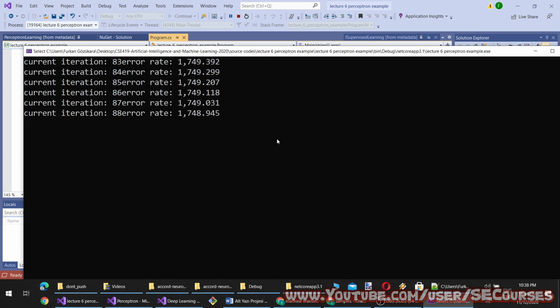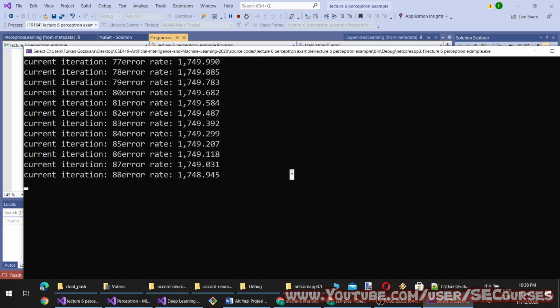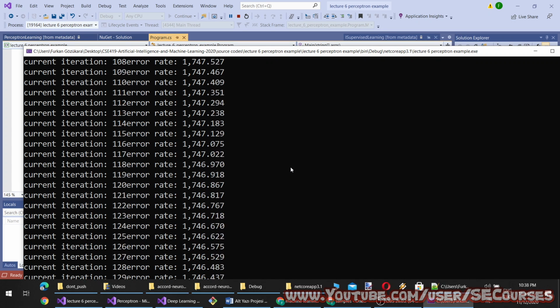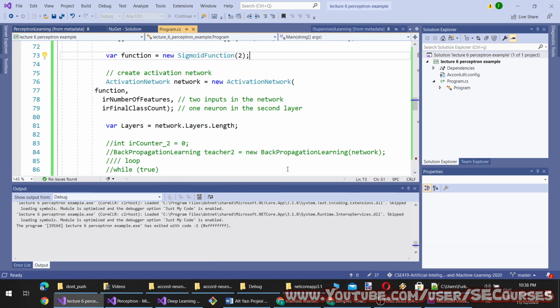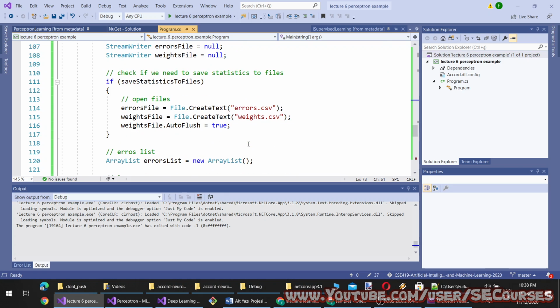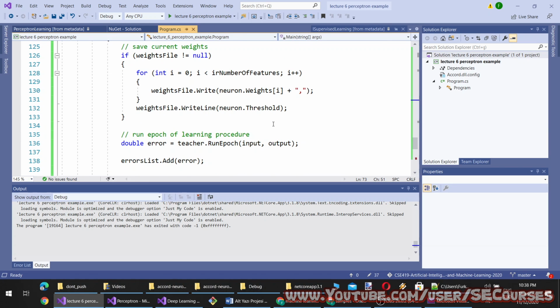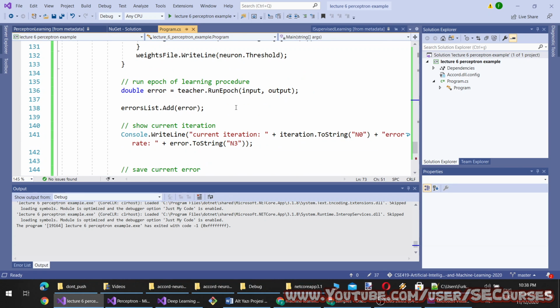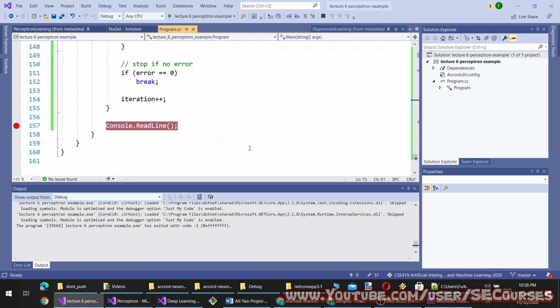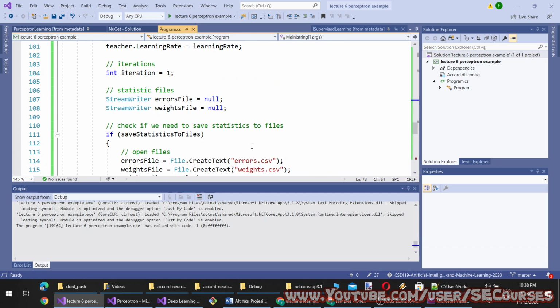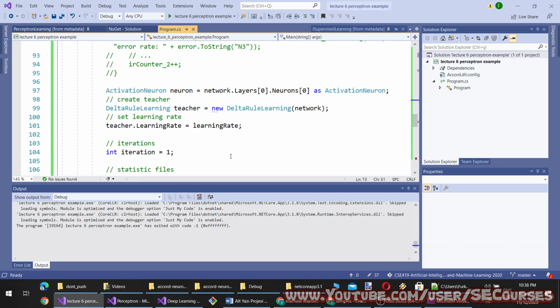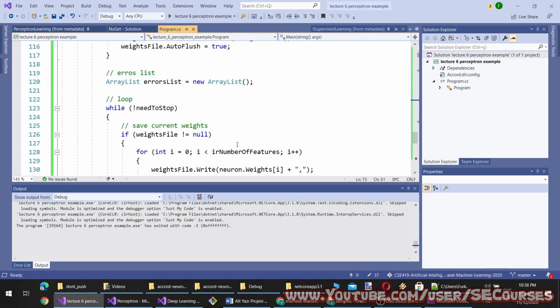Yeah, or by the way, this error rate is the number of erroneous classifications, I think. Yeah, it gets better or something. Let's check the error. What does it mean? How the error is calculated, I am going to check it.